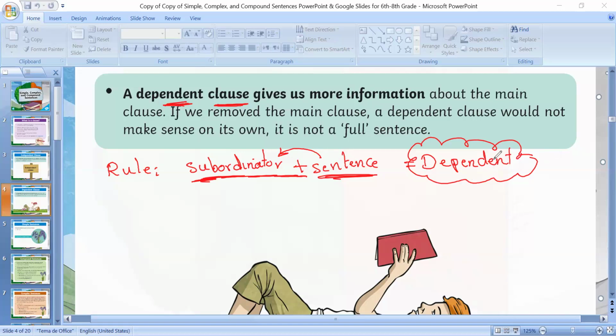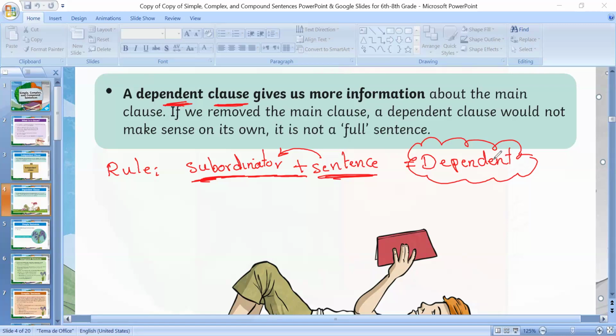Thank you. Okay, all right. So now, Rudaina, could you explain what we mean by dependent clause? A dependent clause means a subordinated sentence, like a subordinating conjunction comes before the sentence, right?